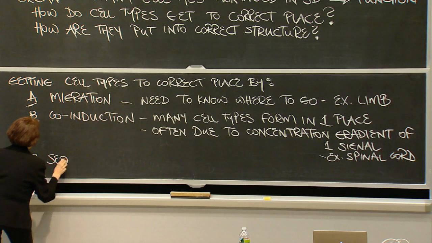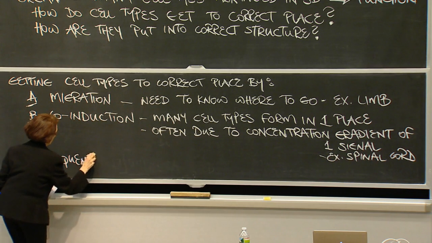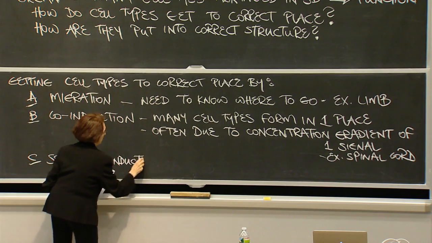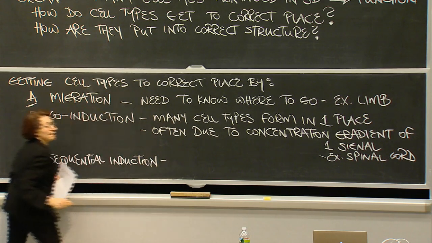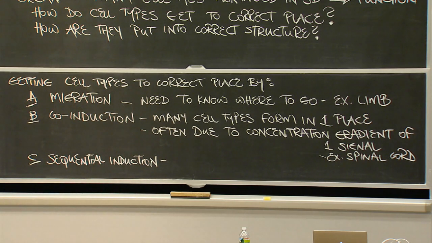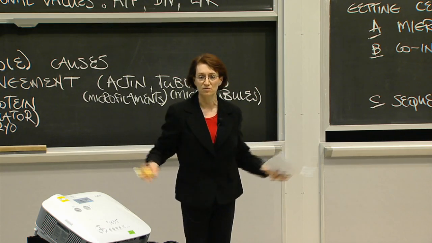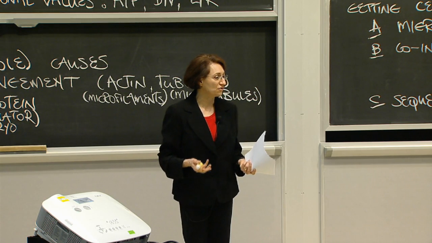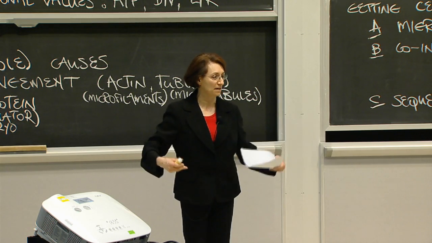And this is how the kidney forms. The idea with sequential induction is that a cell type forms, and it says, okay, I need this other cell type to work with, and it instructs the cells around it to become another cell type. And those cells, in turn, might instruct some cells around them to become another cell type.